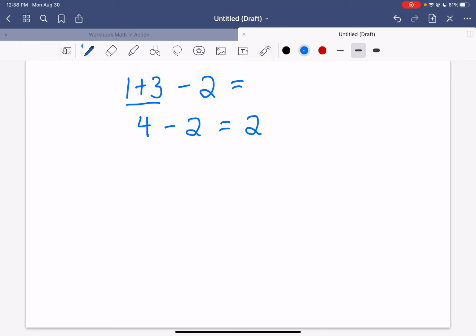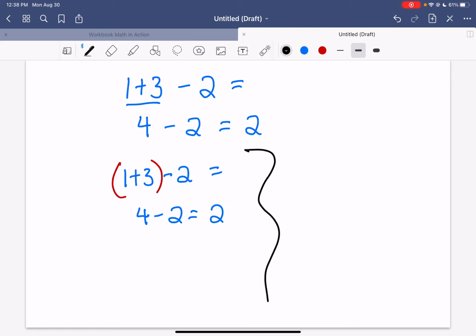So that's what we do. So what if I put brackets? 1 plus 3 minus 2 equals, we're going to put brackets here. We will do 1 plus 3 first, right? 1 plus 3, we get 4, right? 4 minus 2 equals 2.